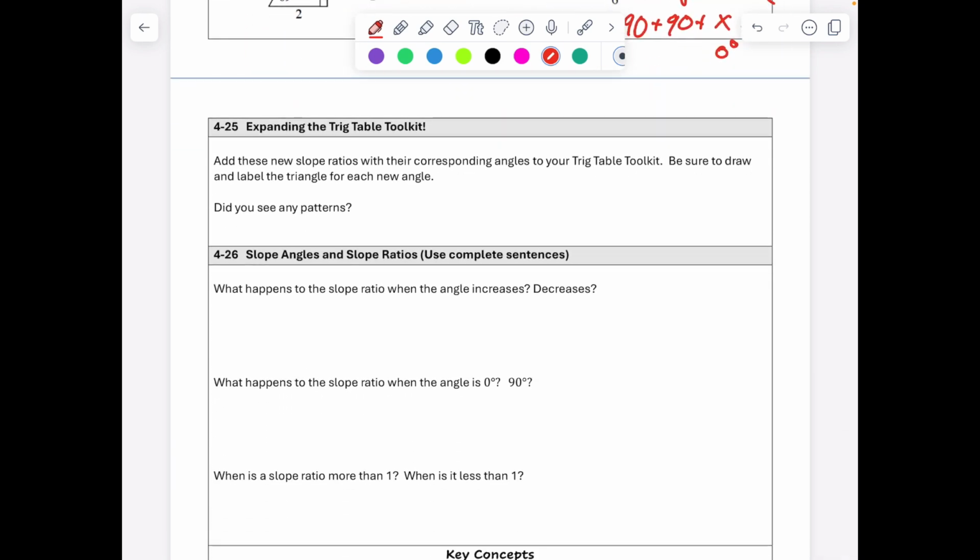All right, so what happens to the slope ratio when the angle decreases? So when our angle is going from here to maybe down here, the slope, think about it, our change in y is on top, our change in x is on bottom. Our change in y is decreasing, which means our fraction as a whole is decreasing.